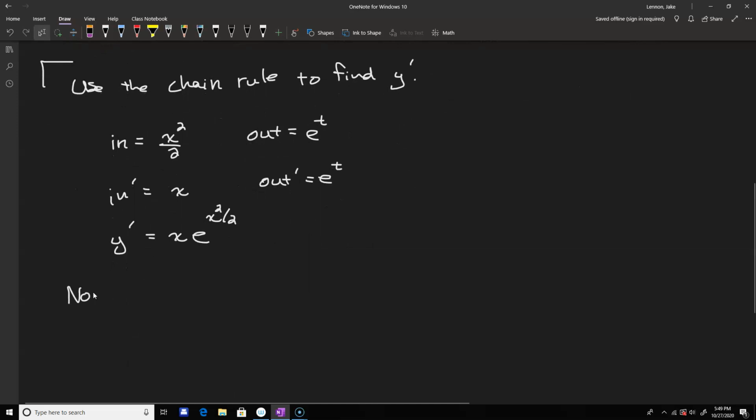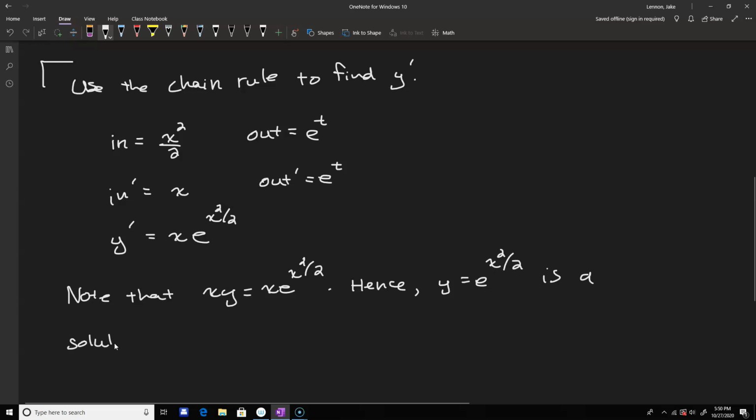So note that xy is also equal to x times e to the x squared over 2. So hence y equals e to the x squared over 2 is a solution to the DE.